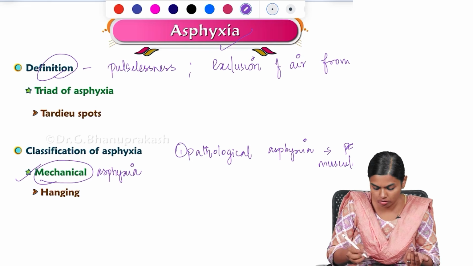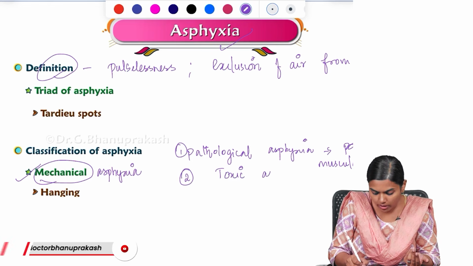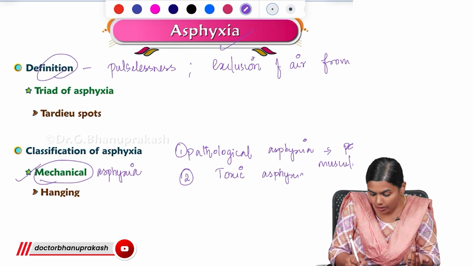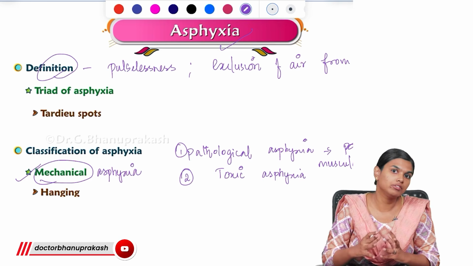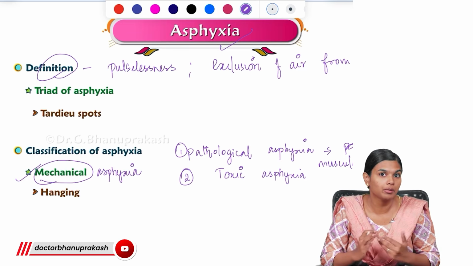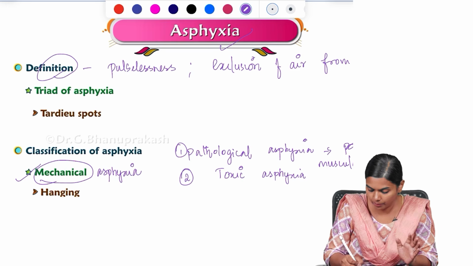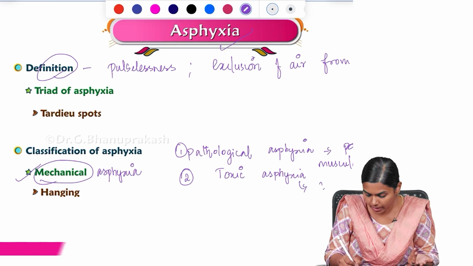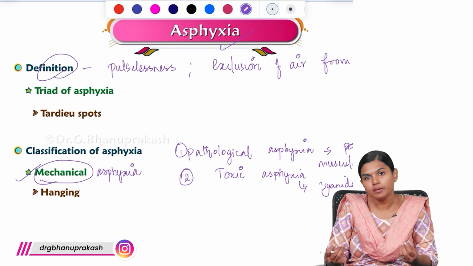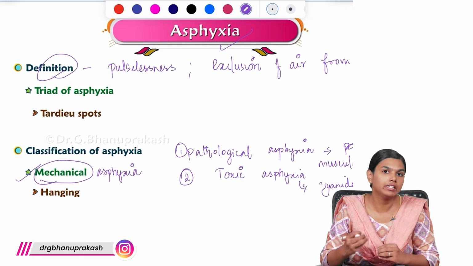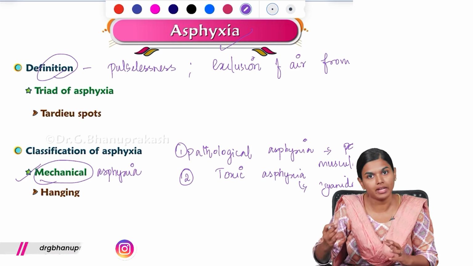Apart from that, you also have toxic asphyxia. Do you remember any toxic condition that results in asphyxia, one that we deal with in toxicology? Toxic asphyxia is seen with cyanide toxicity. In cyanide poisoning, there will not be enough activity by the cell. There will be histotoxic activity by the cyanide.